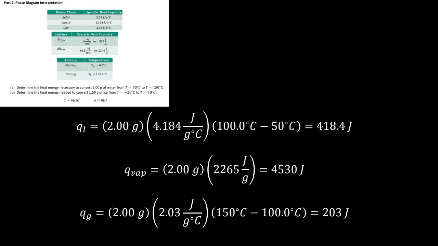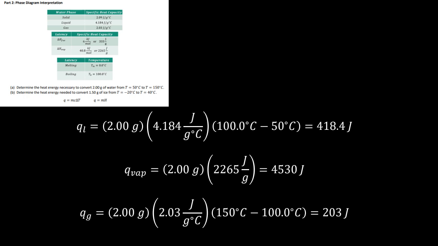Well, that formula is going to be its mass of 2 grams times the liquid specific heat capacity of 4.184 joules per gram degree Celsius times our change in temperature. We're initially at 50 degrees Celsius. The highest we can raise liquid water at this pressure is 100 degrees Celsius.